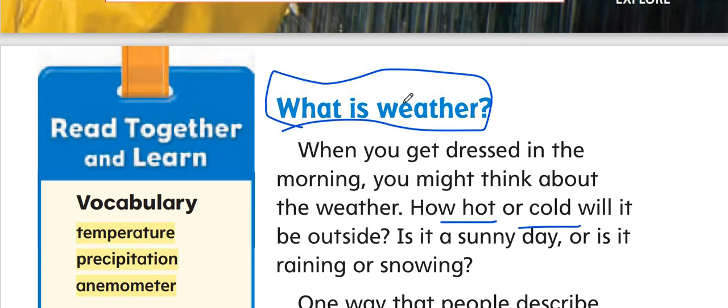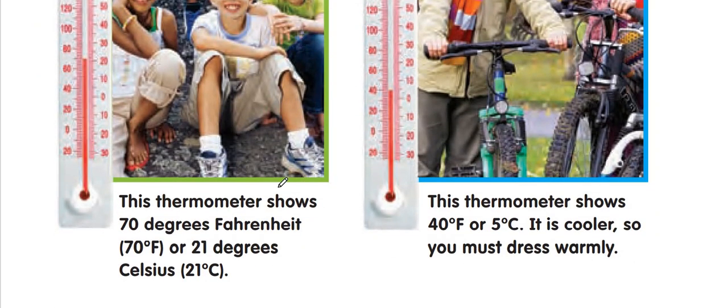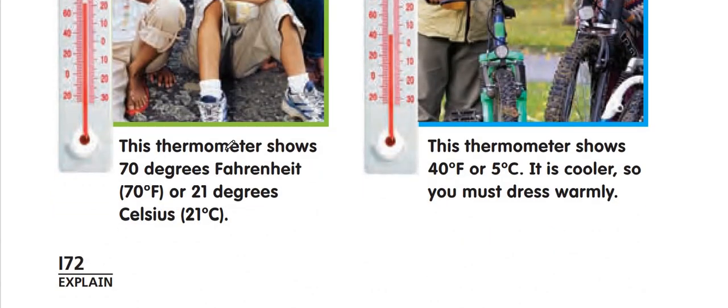We are always thinking about weather so we can determine what we are going to wear. Is it hot or cold, is it going to rain or not, shall we take an umbrella or not? So this temperature shows 70 degrees Fahrenheit or 21 degrees Celsius.